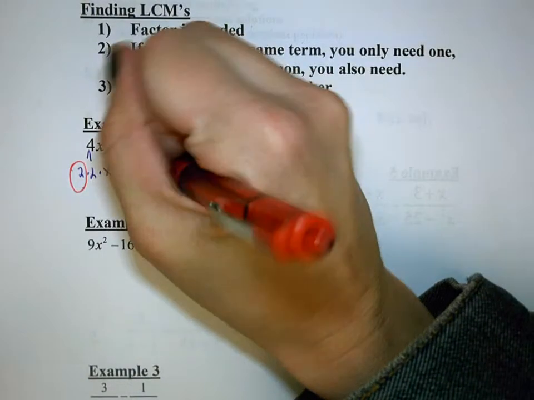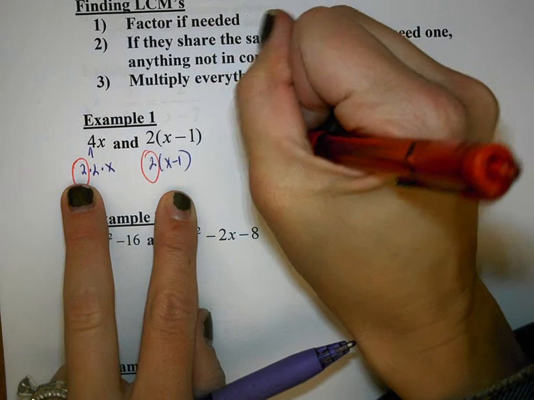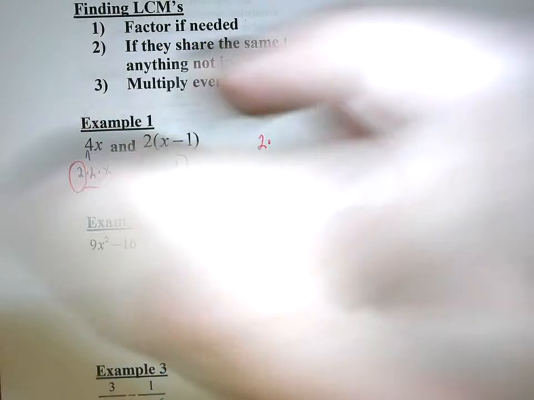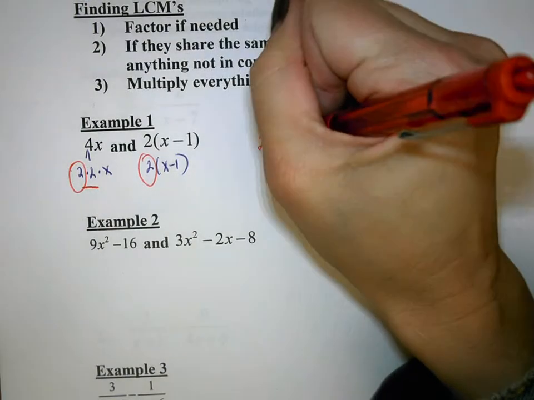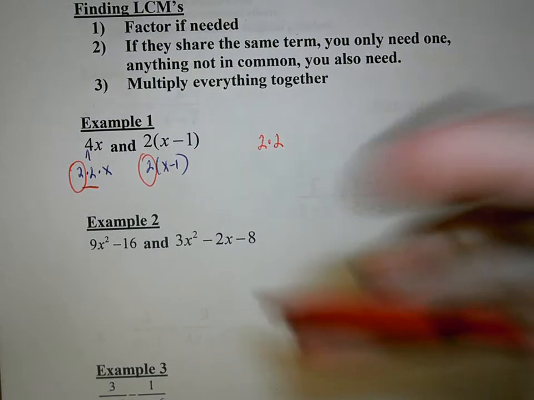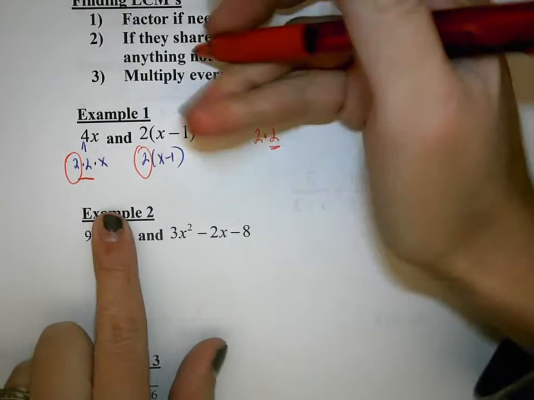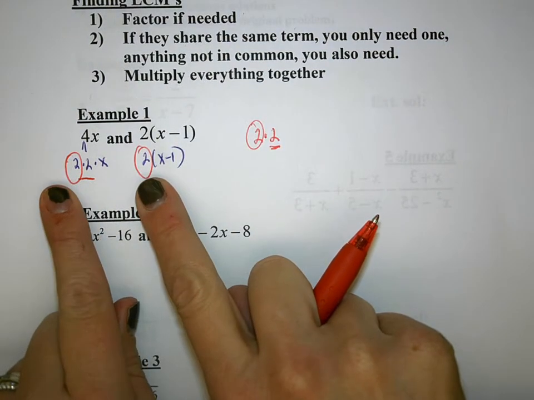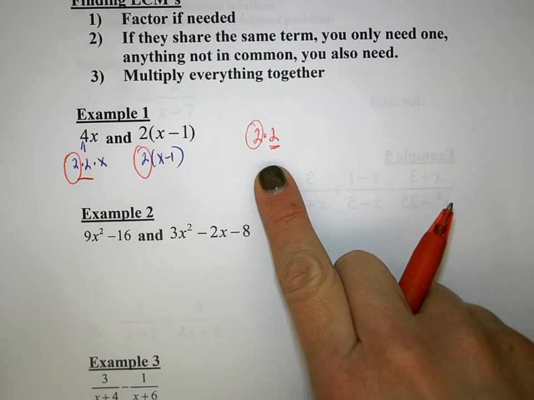Now, if you notice, they each have this 2 in common. So I'm going to write that they have 2 in common. They don't have a second 2 in common, but because there's a second 2 on one of them, I have to write that 2 again. So this second 2 that I wrote was from here. This 2 was the 2 that they shared. So we wrote the one that they share, and then we have to have one more because this one has one more.